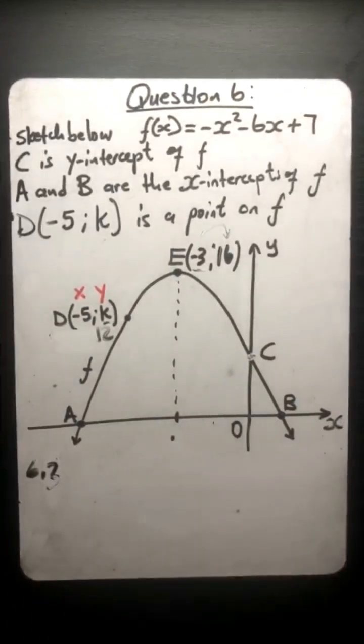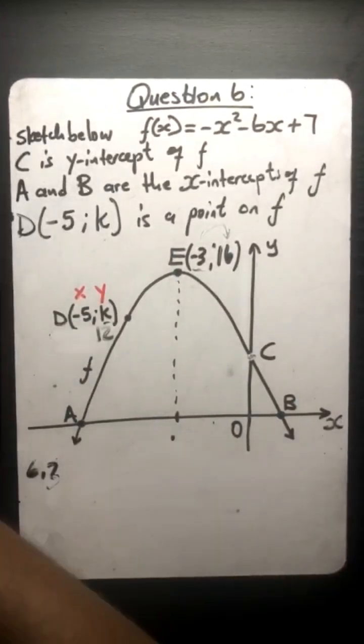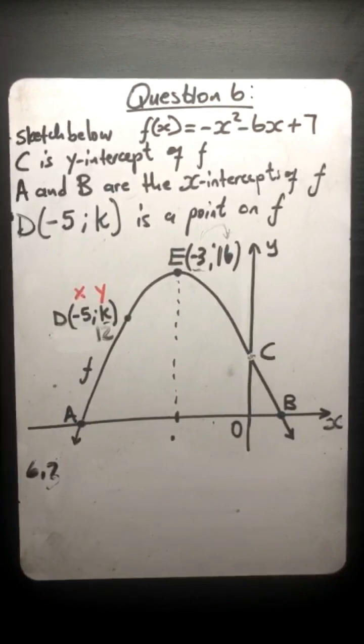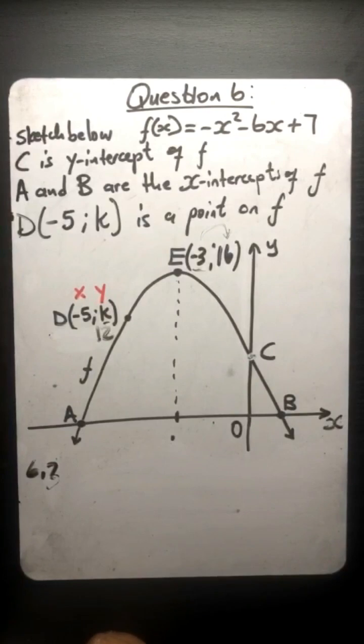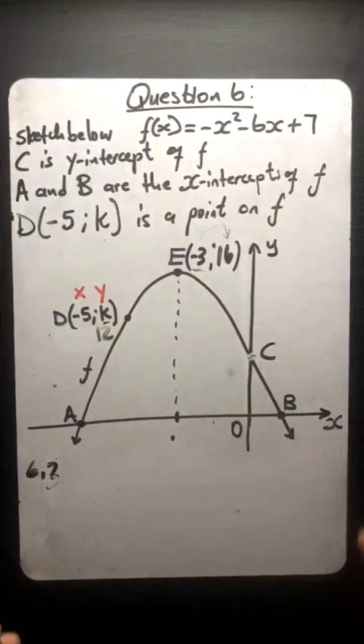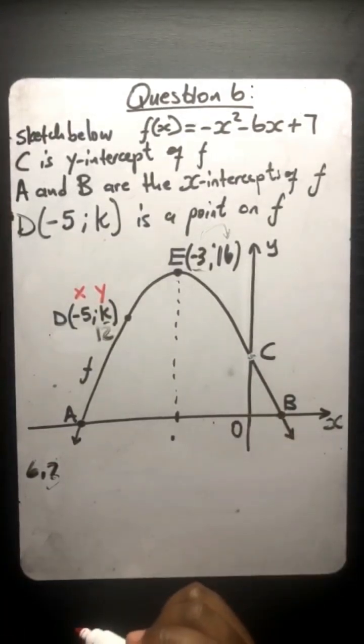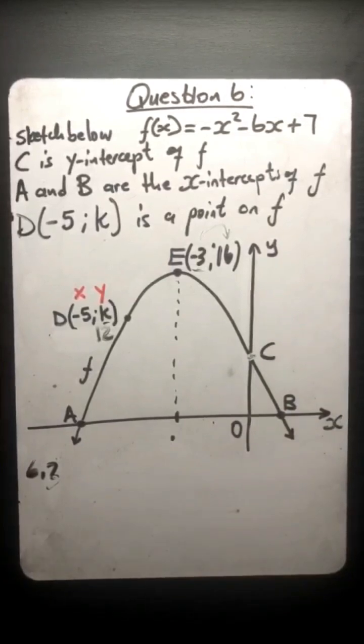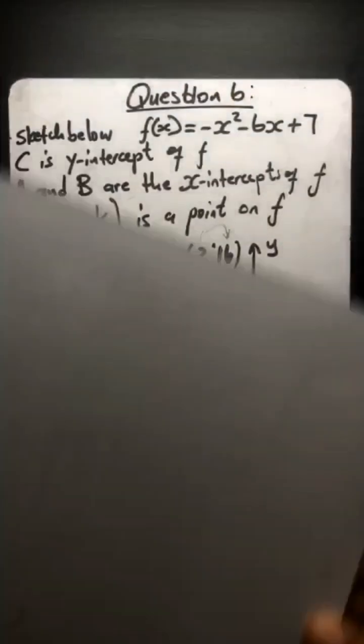Now let's quickly move on to question number 3, which says, determine the equation of the straight line passing through C and D. The moment they say an equation of a straight line passing through C and D, I might need a ruler so that I'm actually drawing a straight line.